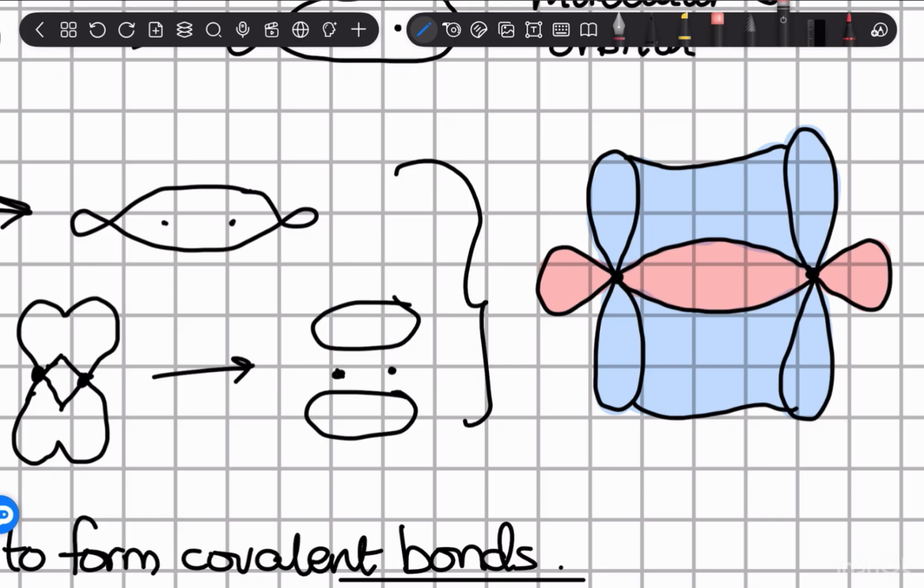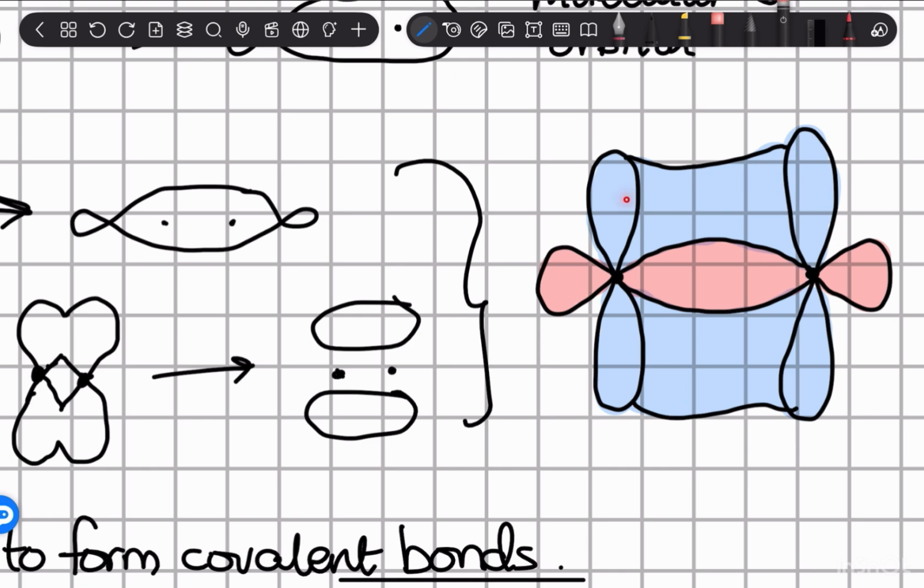And on the top, I basically drew this structure, but sort of expanded it so that you can see how it actually looks. So we have these two big oval-like lobes here. That's the electron density where we are most likely to find the electrons within that pi bond.